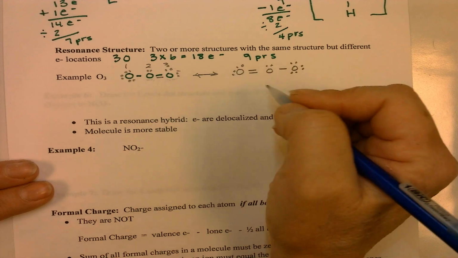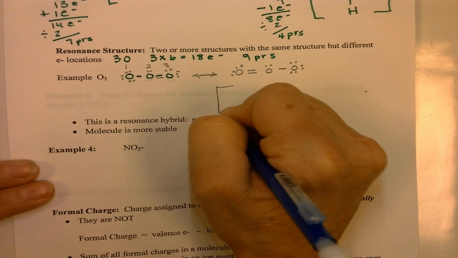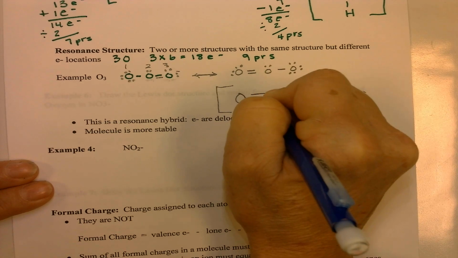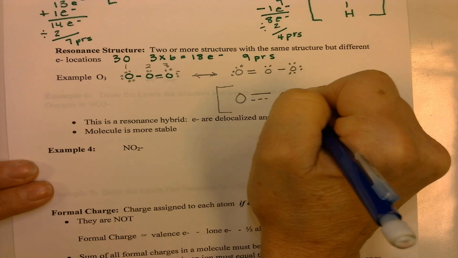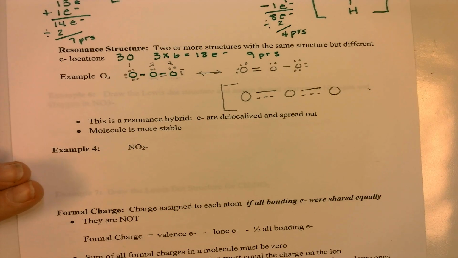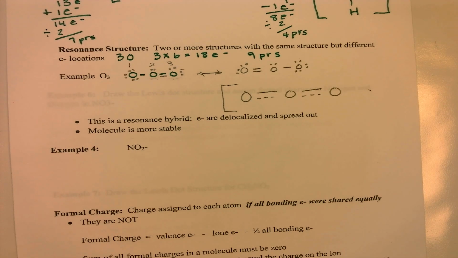Now, actually, I want to be clear about something. The actual structure looks like this. It's what we call a hybrid. All right? Where 1/2 of the structure is between 1 and 2, and 1/2 of the structure is between 2 and 3.